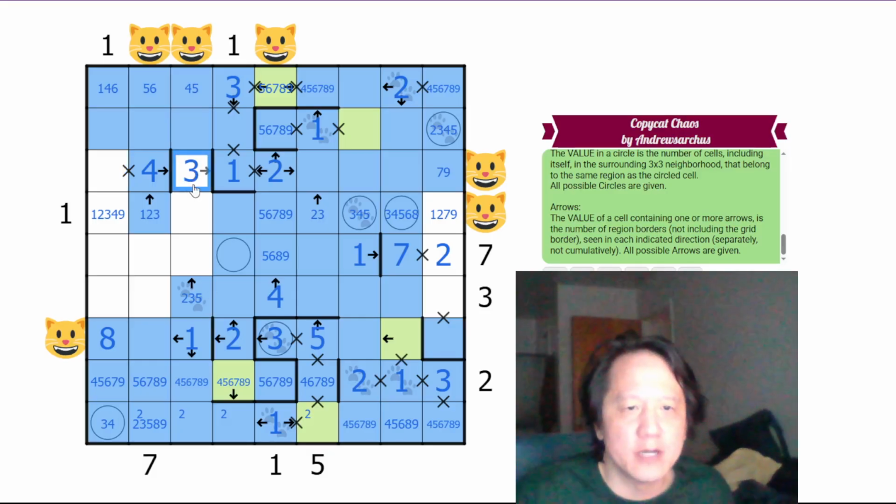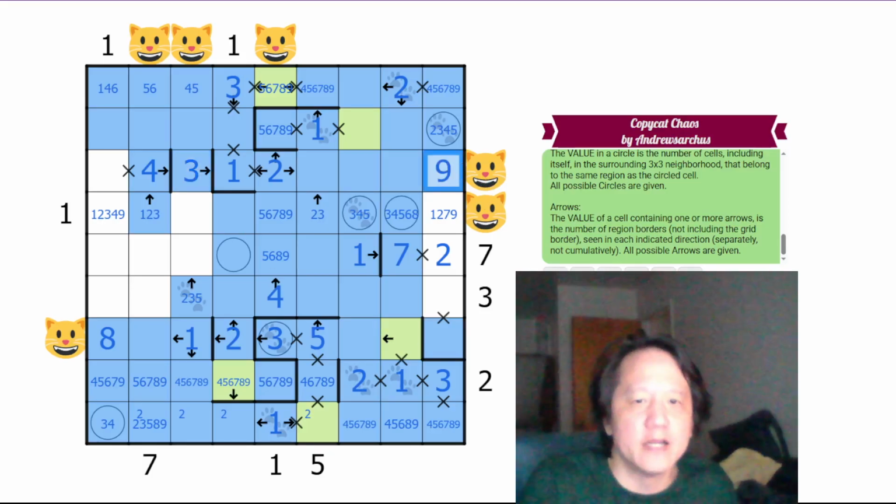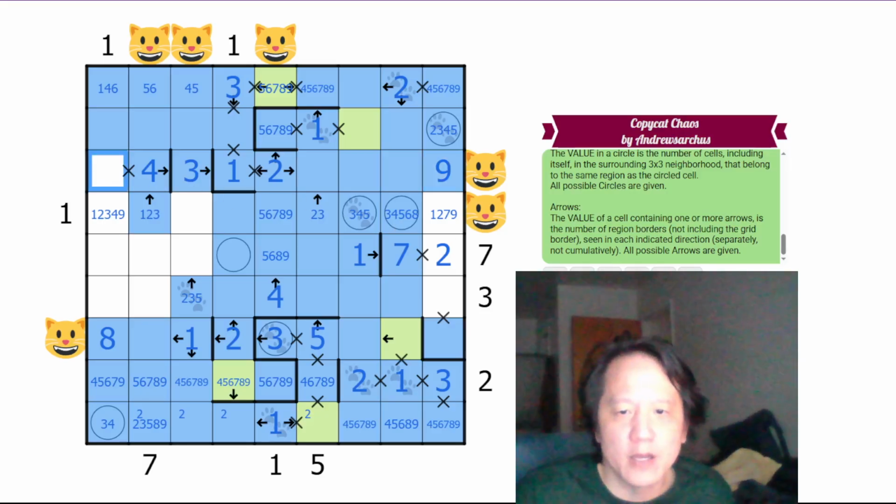This can't be the copycat because this can no longer be 3. So the copycat is at 9 here, which means this is the copycat here. This is 5 away from that cell, interestingly enough. No more copycats here. So where can 1 be? 1 cannot be here.